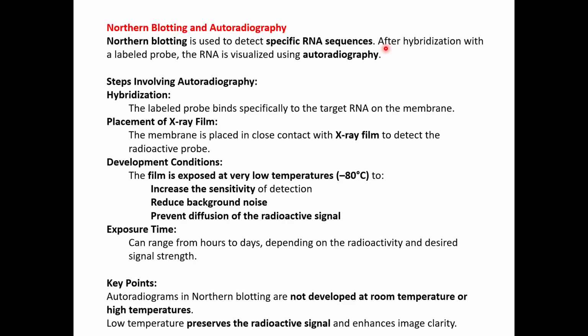Like we discussed, we use a labeled probe which is complementary to our RNA, and it is used to visualize the target RNA. The labeled probe binds specifically to the target RNA on the membrane, and then we have an X-ray film, and the membrane is placed in close contact with it to detect the radioactive probe.